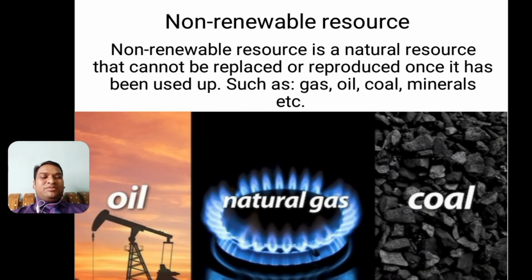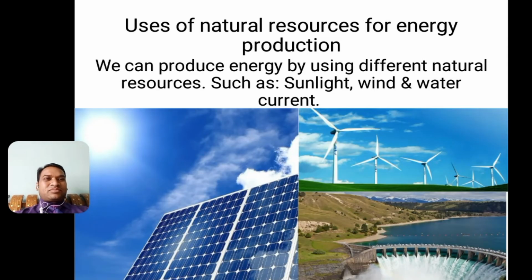So we need to be very careful about using these resources, because we will not get them all the time. It says that it will not be replaced or reproduced once it has been used up or finished. You will not get this again and again.